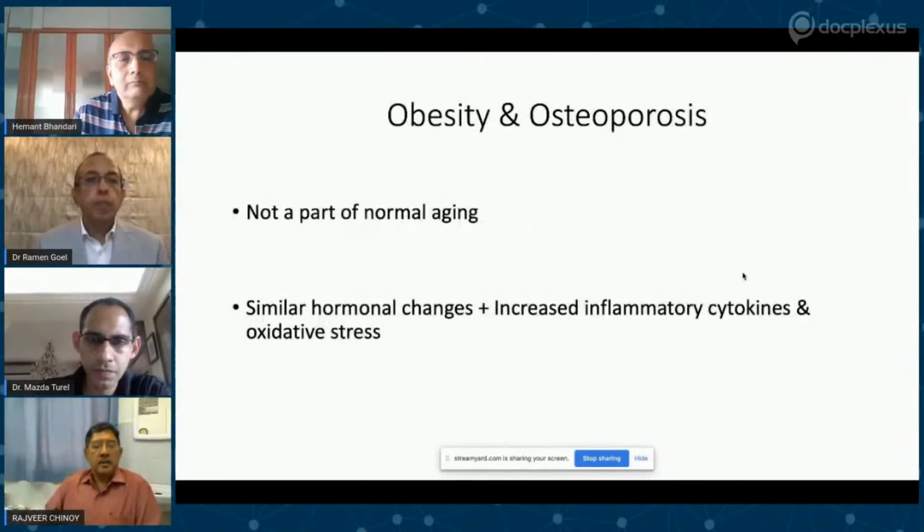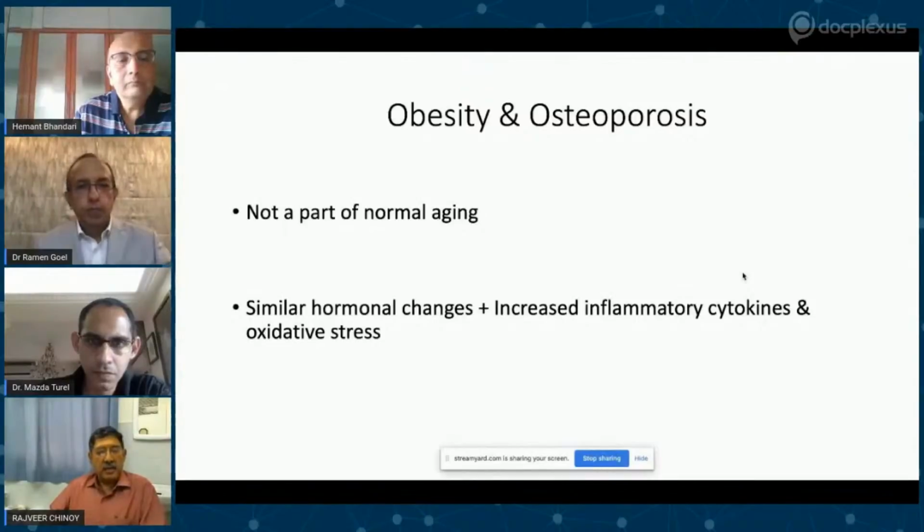Yeah, the percentage of osteoporosis has not been defined, but it is extremely common in India, not only in postmenopausal women, but in premenopausal women, as well as surprisingly in a large number of men.